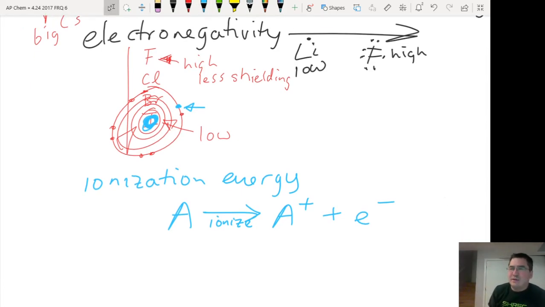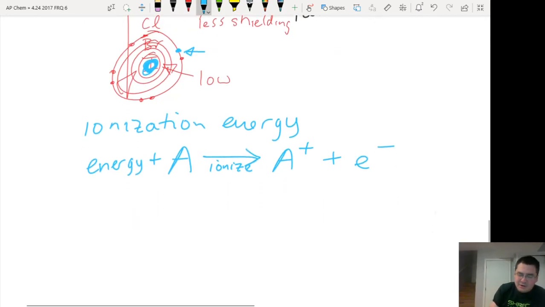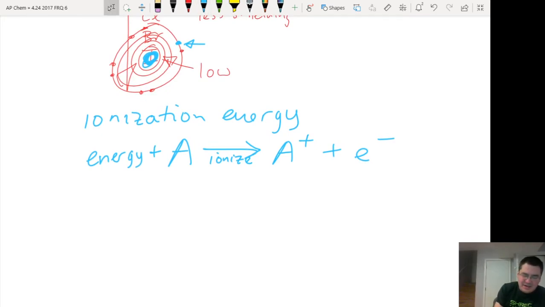First of all, is that an endothermic or exothermic process? Is it endothermic? Yep, because I would need to add energy to shake the electron free. So this is an endothermic process.